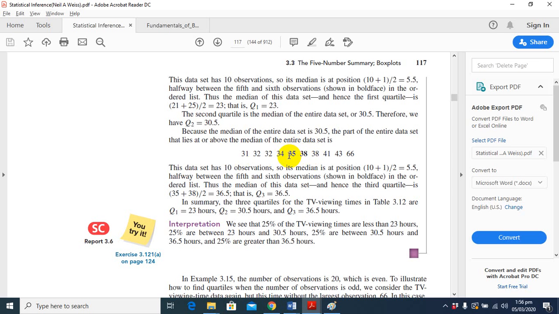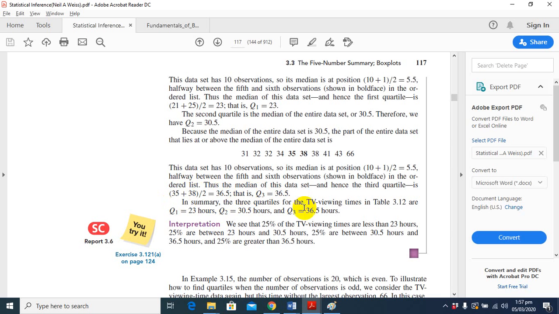The median position is halfway between the 5th and 6th observation. The 5th and 6th are 35 and 38. Find the average of these two observations, which is 35 plus 38 divided by 2, becomes 36.5, and this score is the third quartile.